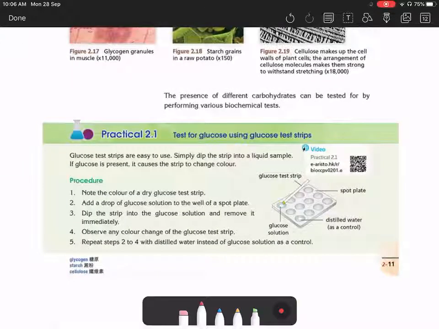First we test for glucose. We use some test strips, okay? Now, I give you 1 minute with the procedure.